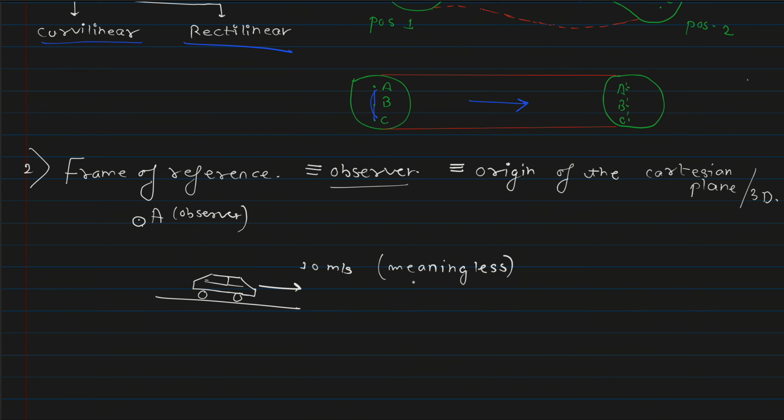It is meaningless unless we mention the frame of reference. So this car is moving at a speed of 10 meters per second with respect to the observer sitting at point A. When I just say it is moving at 10 meters per second, it's meaningless. So it's really important to mention the frame of reference, which is the observer at point A in this case.